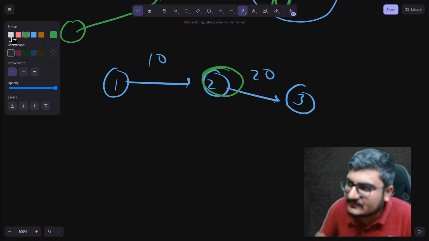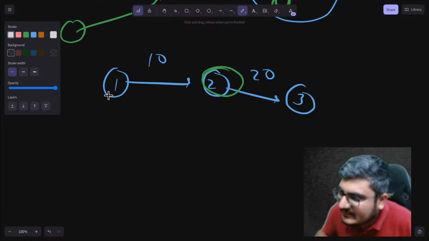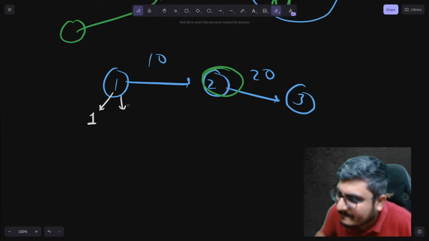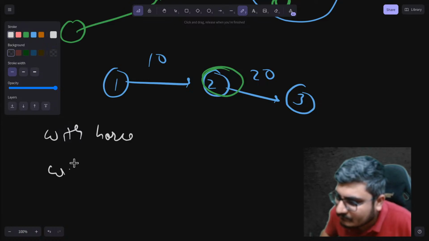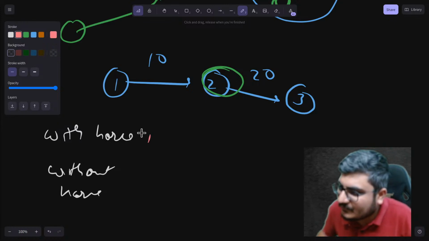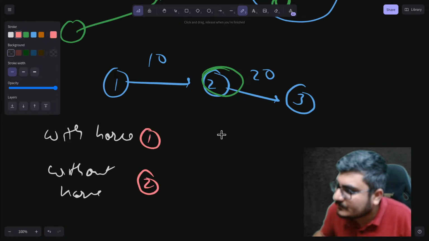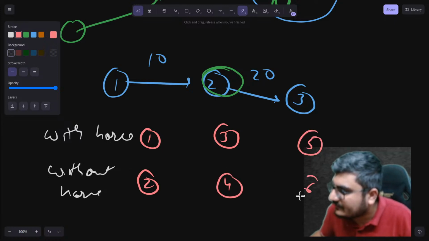So you can create a similar graph. Let's call vertex 1 with horse vertex 1, vertex 1 without horse vertex 2. Let's just create 2 vertices for each of them: 1, 2, 3, 4, 5, 6.